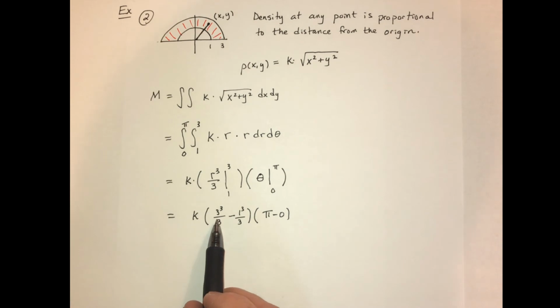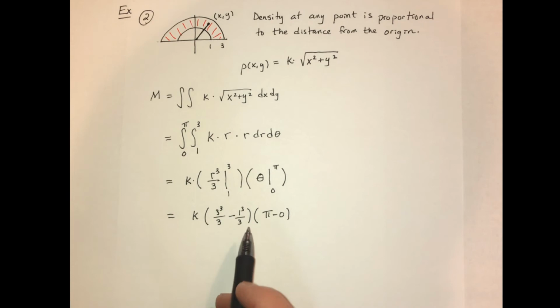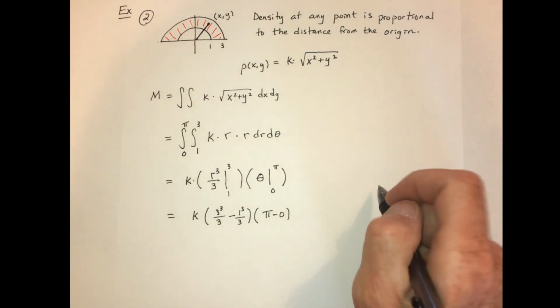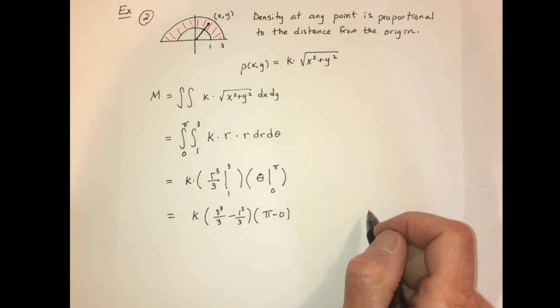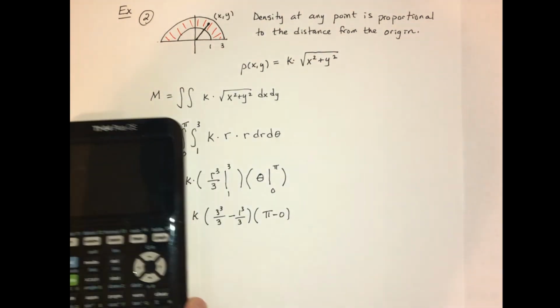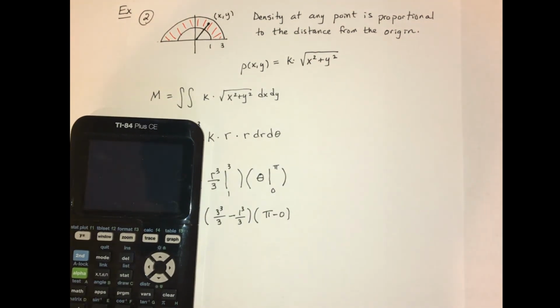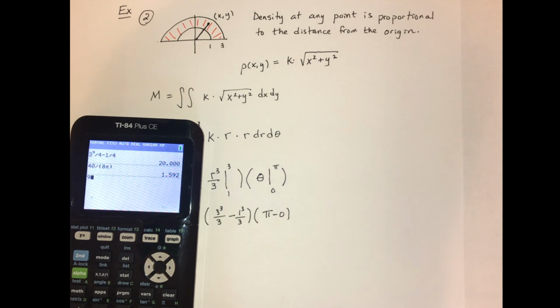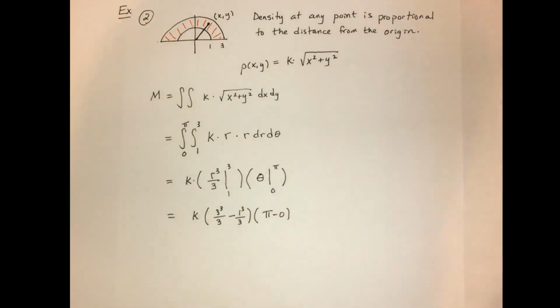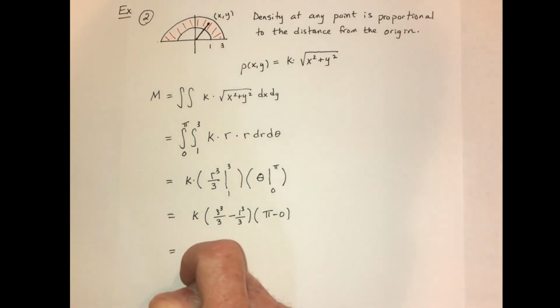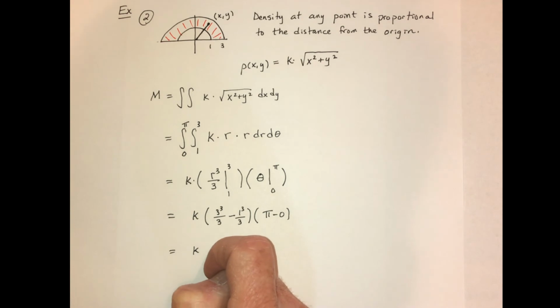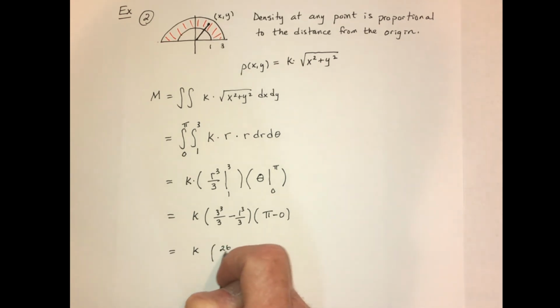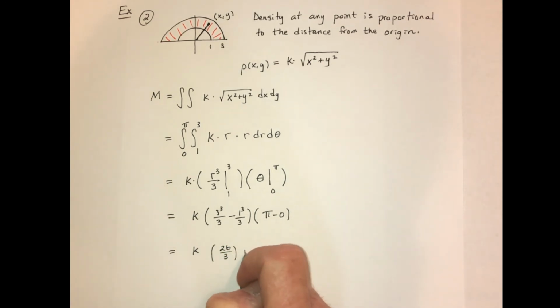So 3 cubed over 3, that's 9. It's 9 minus a third, which is 8 2/3, or 26 thirds. So that would be 26 thirds times pi.